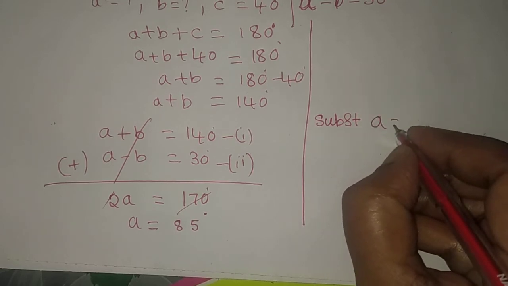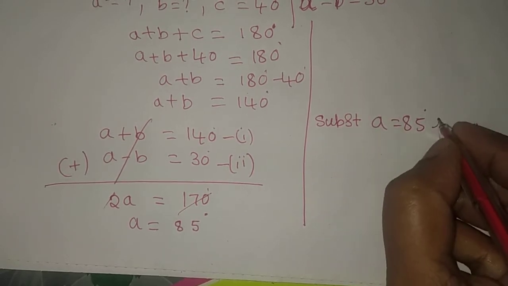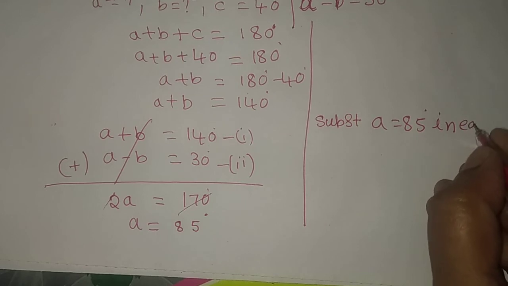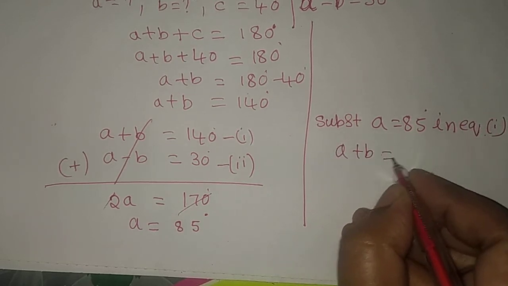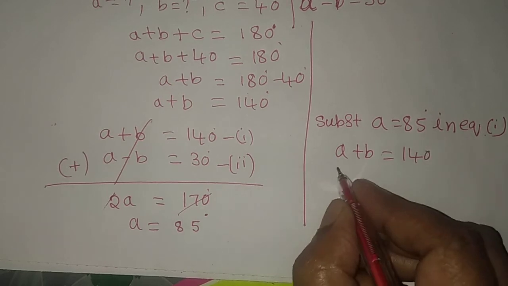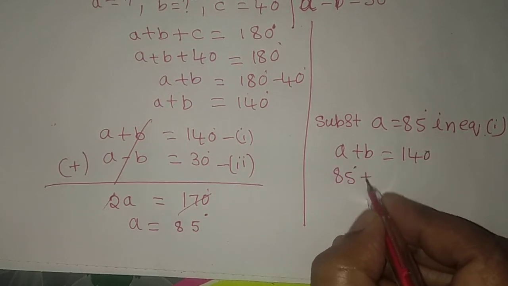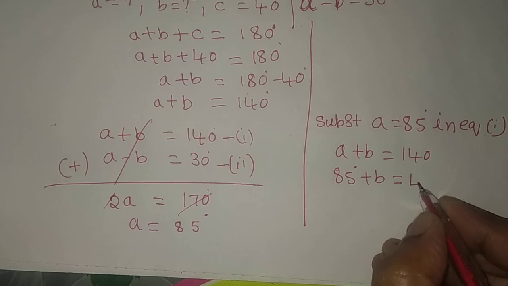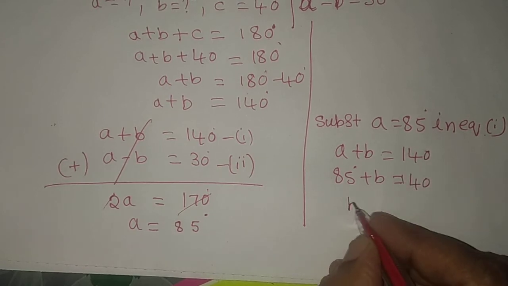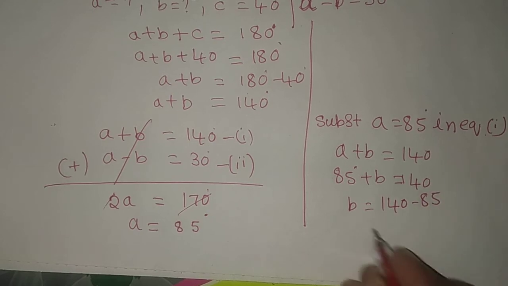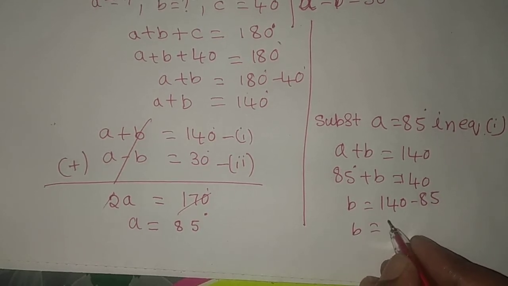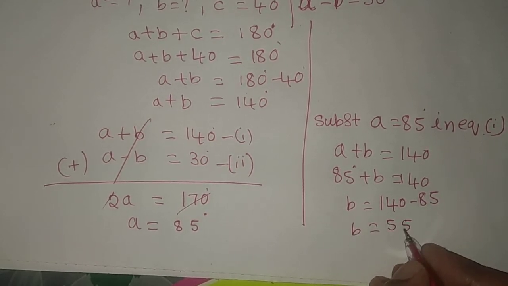Substitute A is equal to 85 in equation 1. So A + B is equal to 140. Then 85 degrees + B is equal to 140. Therefore B is equal to 140 - 85. Therefore B is equal to 55 degrees.